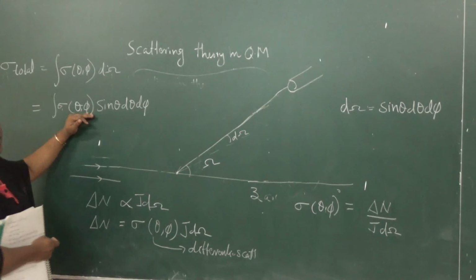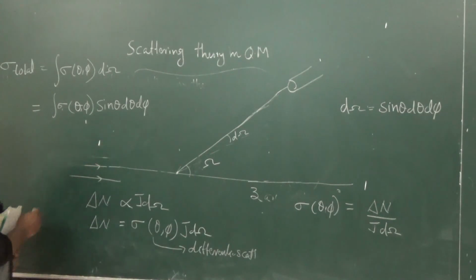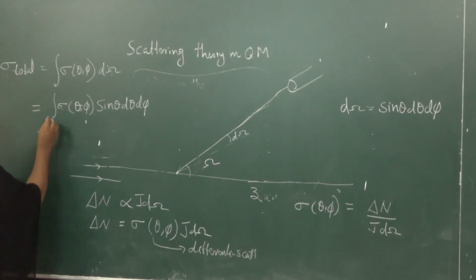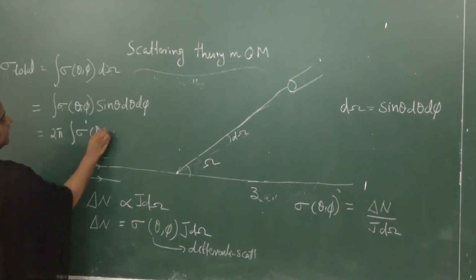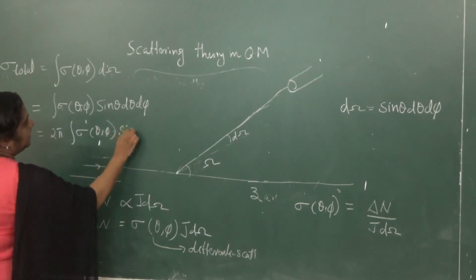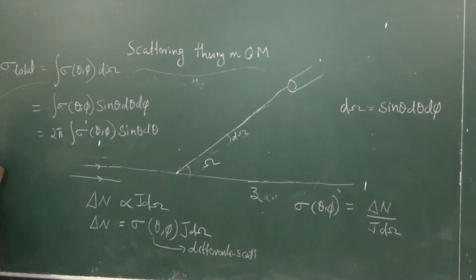So by integrating over d phi in spherical polar coordinates, you can write the total scattering cross section as 2 pi times the integral of sigma theta phi sin theta d theta. Here sigma theta phi, the differential scattering cross section, can be written as d sigma total by d omega.